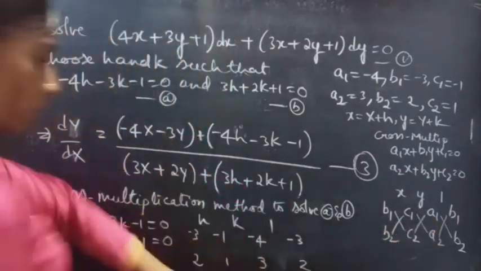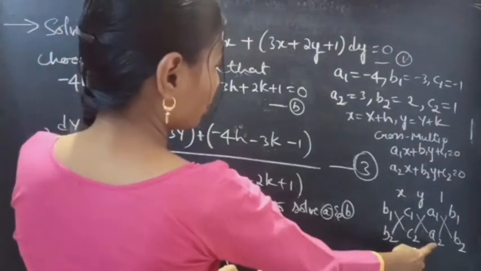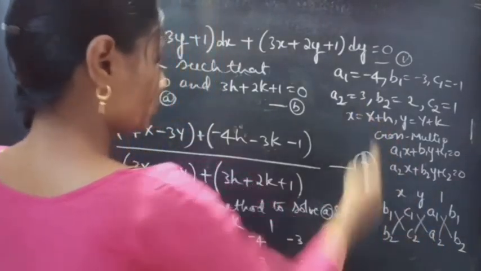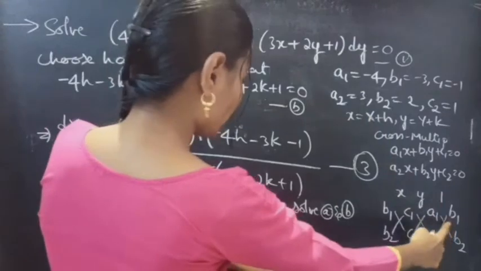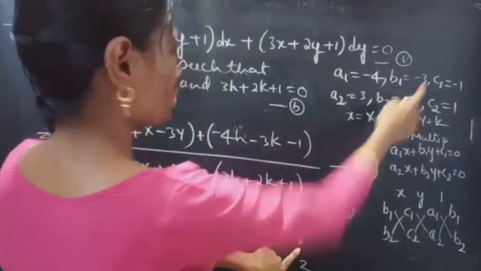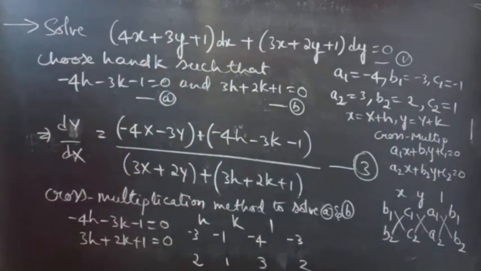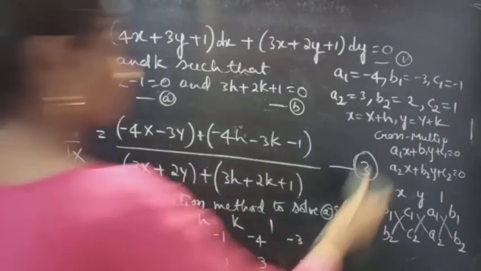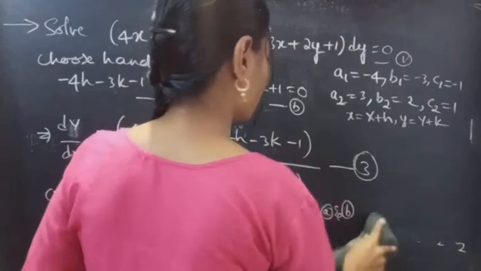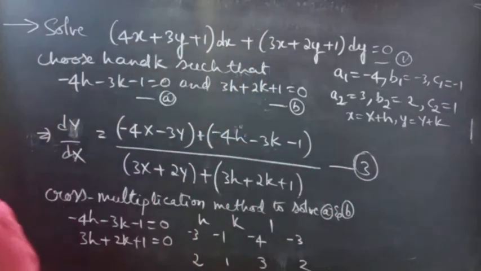We'll take randomly 3. 3 must be your a2. a2 is 3. This one must be b1. b1 is minus 3. Fine. Okay. So now we'll do cross multiplication.